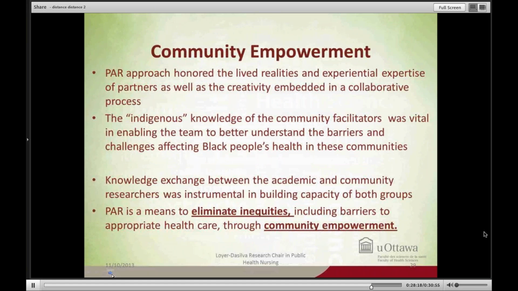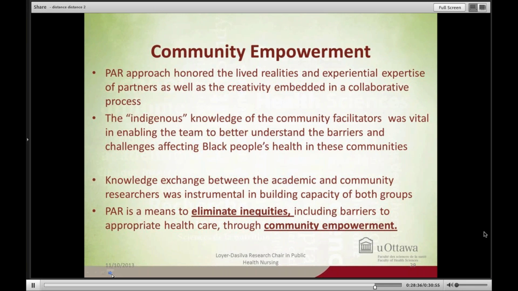So in conclusion, community empowerment occurs through PAR, because the PAR approach honored the lived realities and experiential expertise of partners, as well as the creativity embedded in a collaborative process.